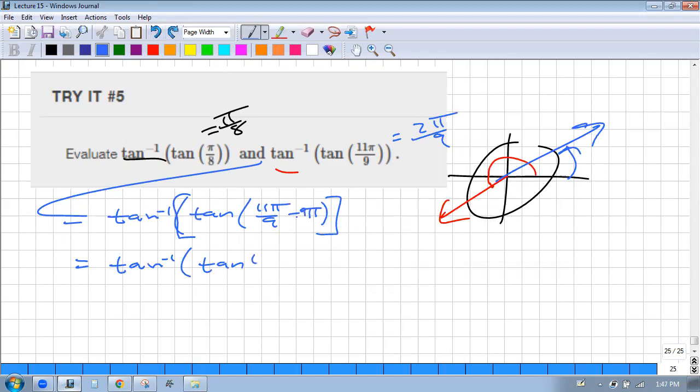Pi is the same thing as 9 pi over 9. 11 minus 9 is 2. Okay, and this is right here. Tangent inverse is happy to give me anything over there, so I just get the 2 pi over 9 back. Just using the periodicity of tangent, it's pi periodic, right? Tangent inverse cannot give me that angle. It's going to give me a representative from over here.